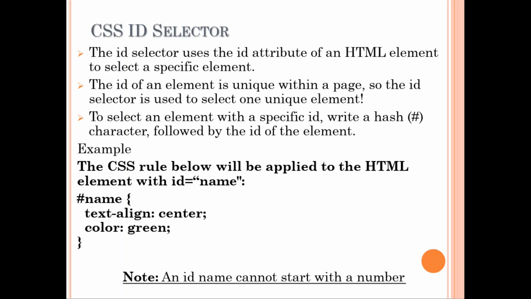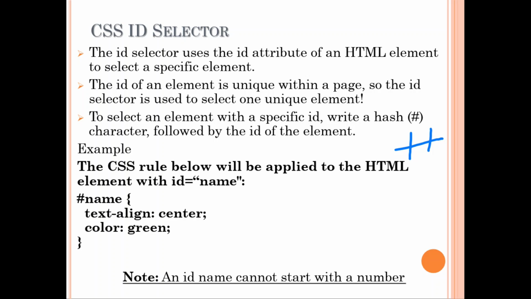The ID of an element is unique within a page, so the ID selector is used to select one unique element. To write an ID selector, we use a hash symbol. We use a hash symbol before any name which you want to make the selector.